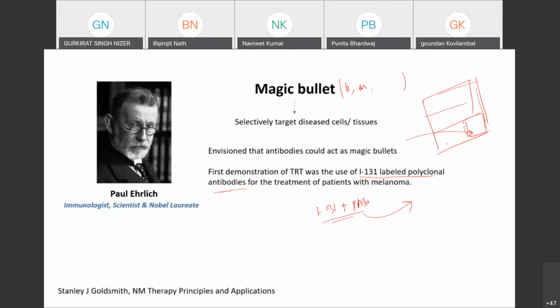But if he had used a monoclonal antibody, it would not have created side effects. But at that time it was very difficult to engineer a specific monoclonal antibody for a given target, but still they used the concept of these polyclonal antibodies. That was the initial era in which they used the concept of the magic bullet.